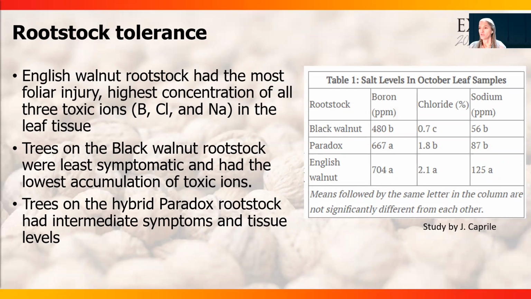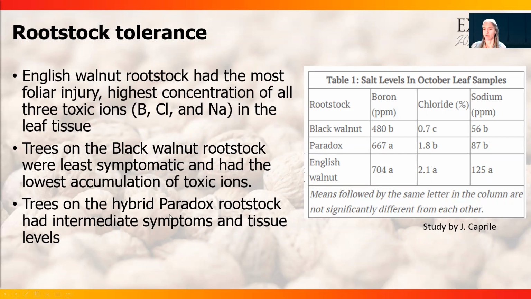Research by retired UC Cooperative Extension Advisor Janet Caprill found that in California grown walnuts, English walnut rootstocks had the most foliar injury and the highest concentration of those three toxic ions, boron, chloride, and sodium, in the leaf tissue. Trees on black walnut rootstock were the least symptomatic and had the lowest accumulation of toxic ions.